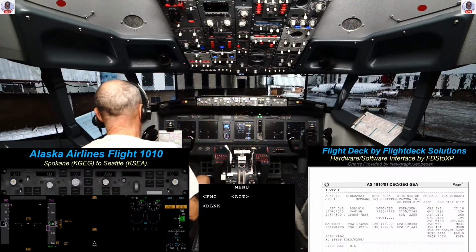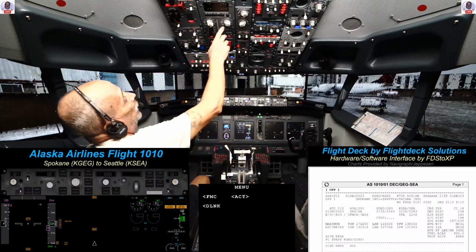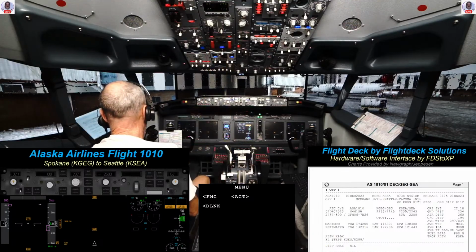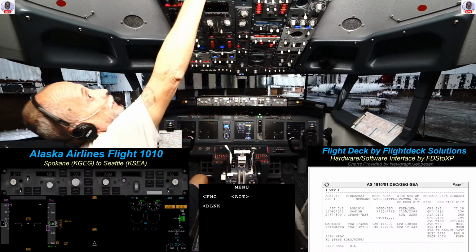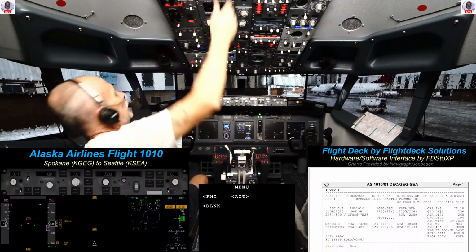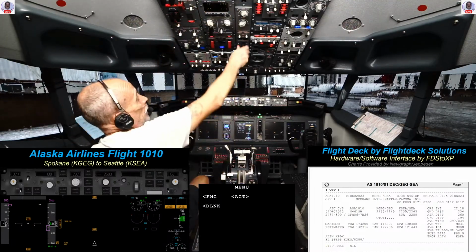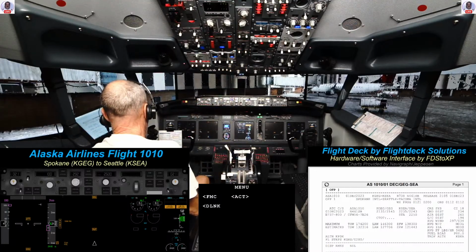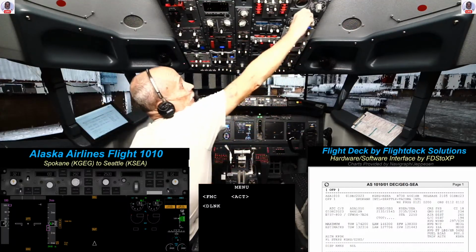Okay, that's good. Electrical panel check set. Galley power's coming on. IRS select is to nav. Emergency exit lights are armed. Air conditioning. Let's just cycle that.